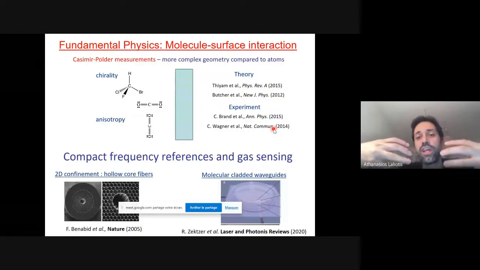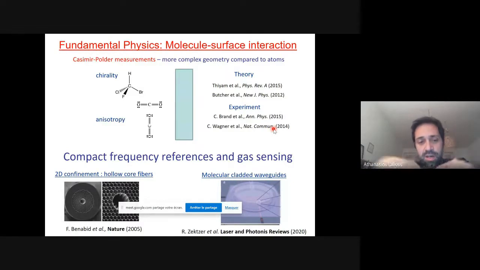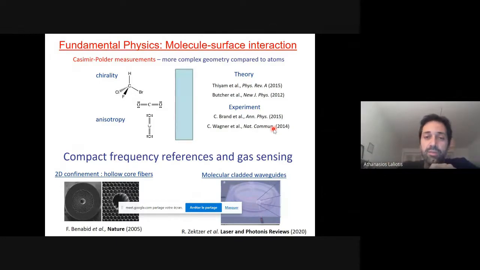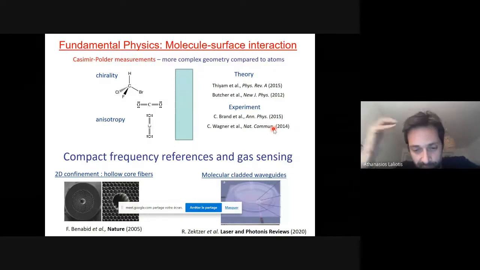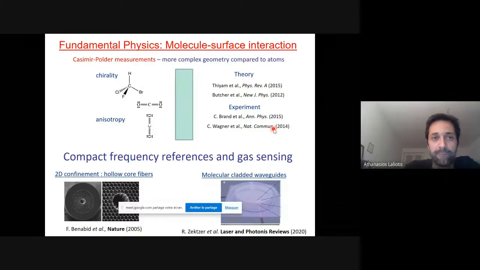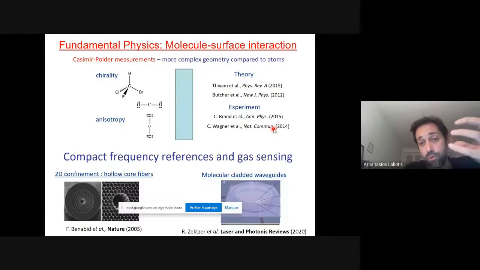If you have a compact system with a high frequency resolution, you can make a compact frequency reference, and this can be an interesting application for probing confined molecular gases.